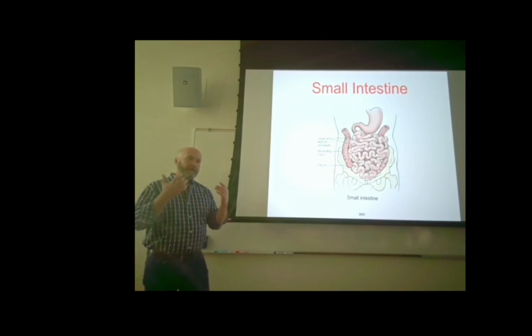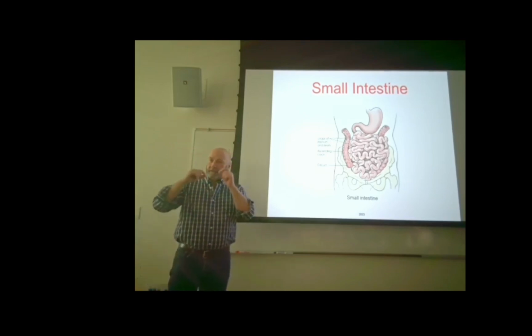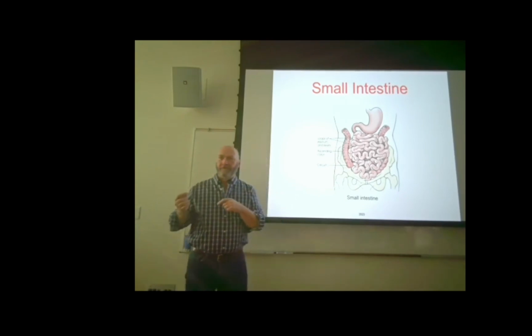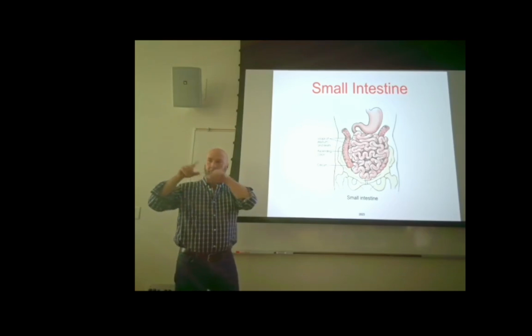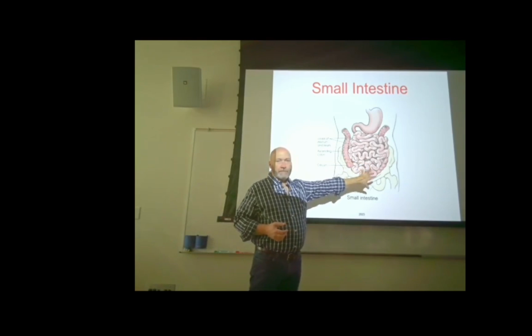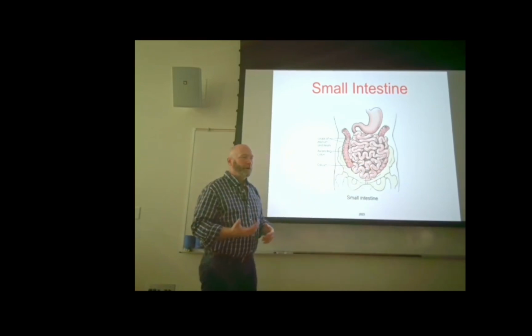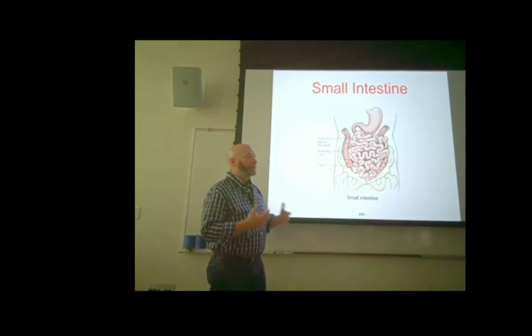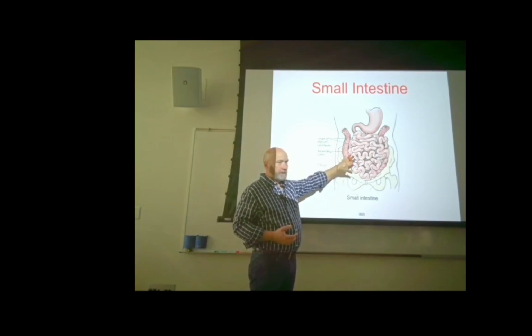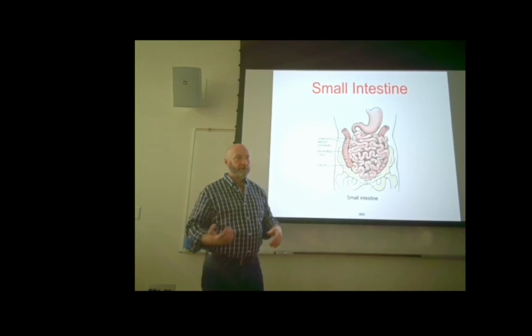The inside has all these little things that control the absorption of the food. They're called villi, and they're like individual little hairs on the inside. Distally in the small intestine, you can't really make that out all that well, so it becomes more smooth. But once it gets into the large intestine, it's going to have a completely different appearance.